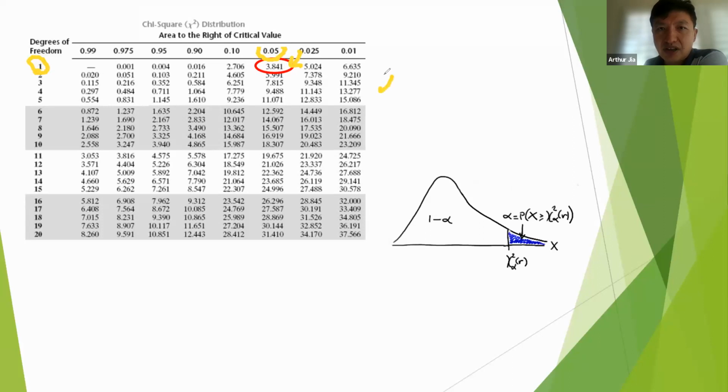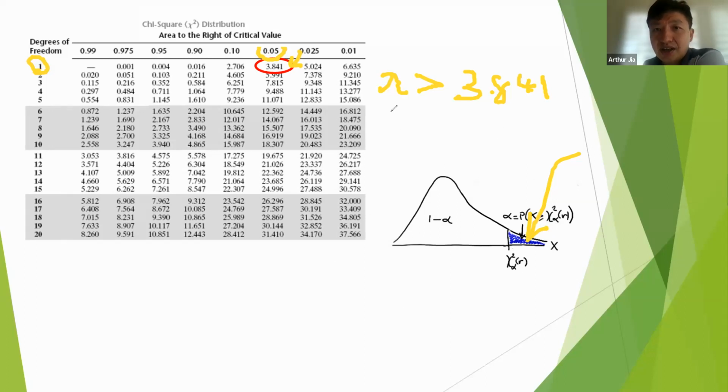So if your lambda is greater than 3.841, you're going to reject your null hypothesis. So this is the rejection area, right? Which means the p-value is less than 0.05.